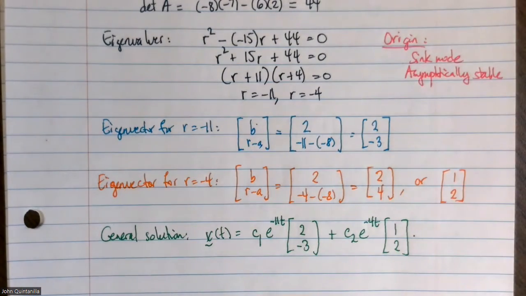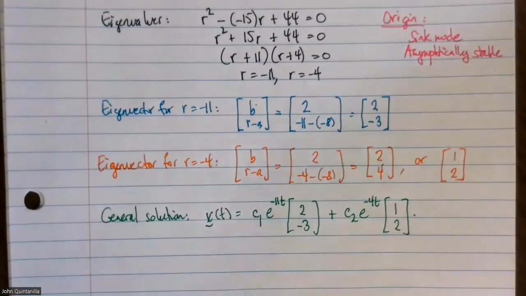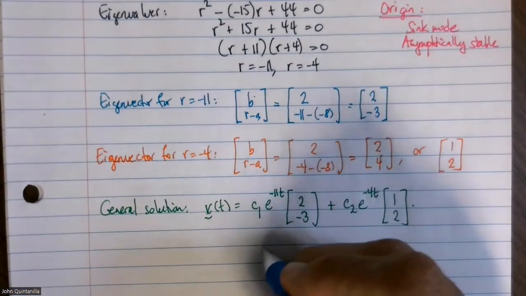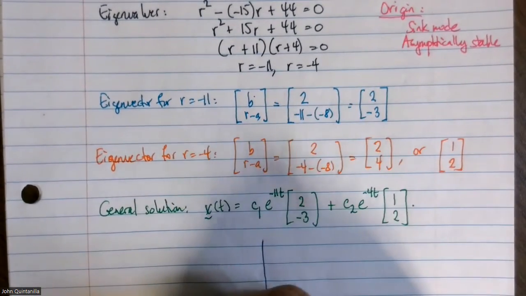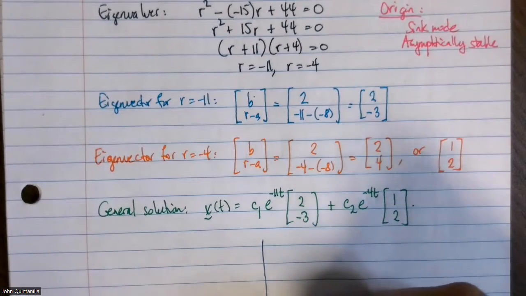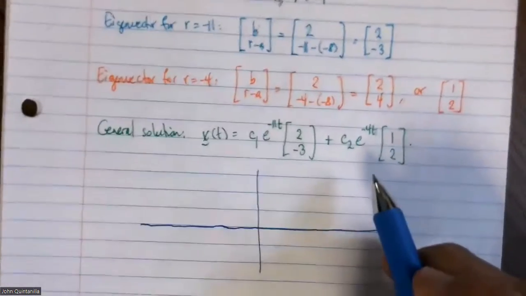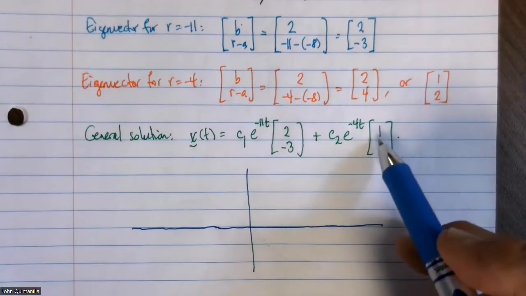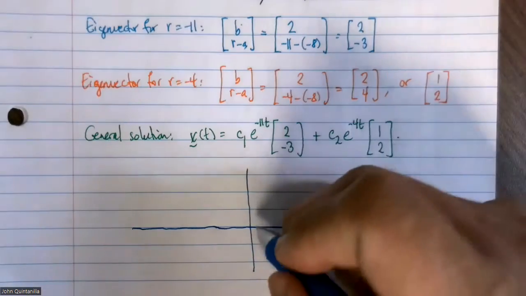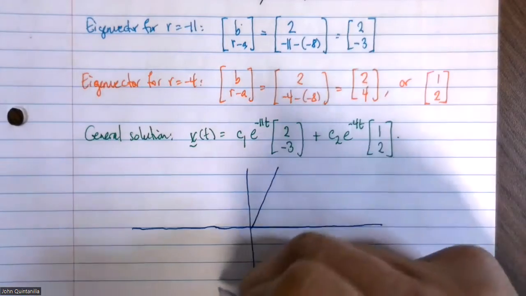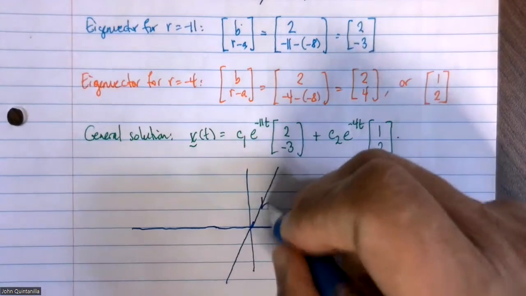Now, to sketch the solutions of this, we will draw the coordinate plane as usual. Okay, so we have one eigenvector at 1, 2, so that'll be about like this, and that'll be pointing inward.